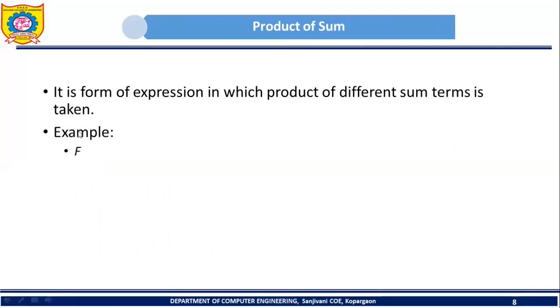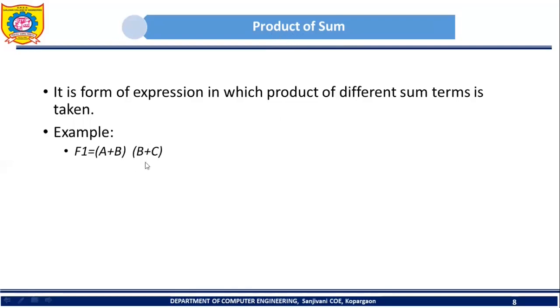For example, F1 is equal to, in one bracket, A or B, and in the other bracket, B or C. This is a Boolean function, a logical function. How have we represented this function? This function is represented in product of sum form.